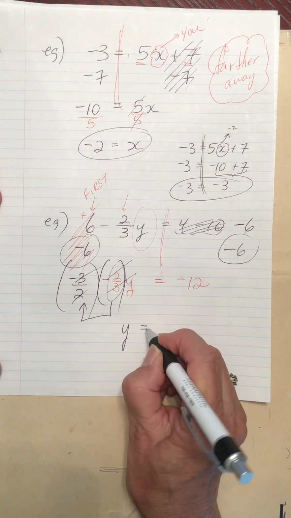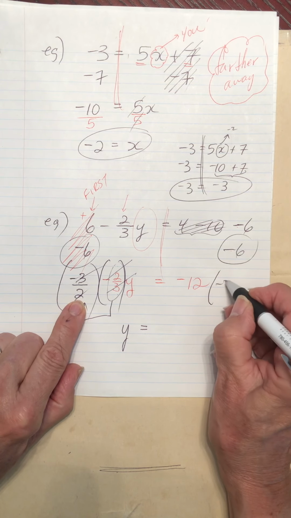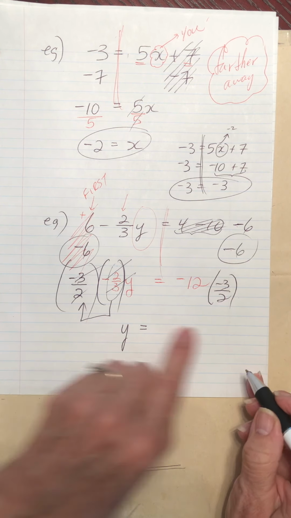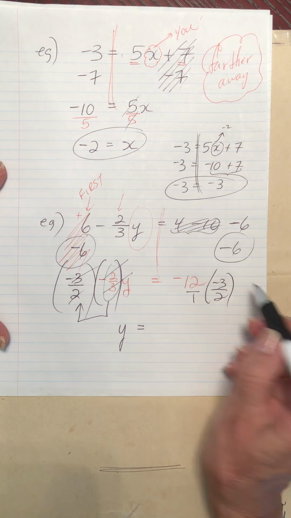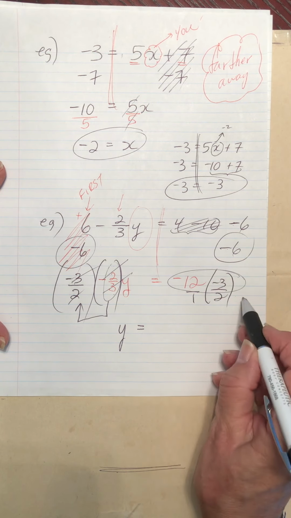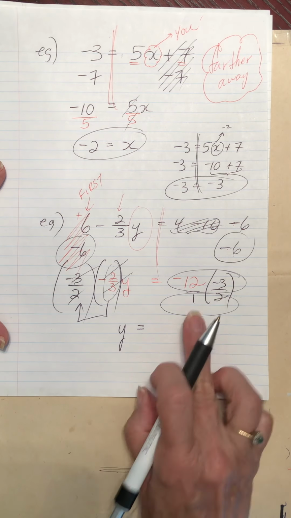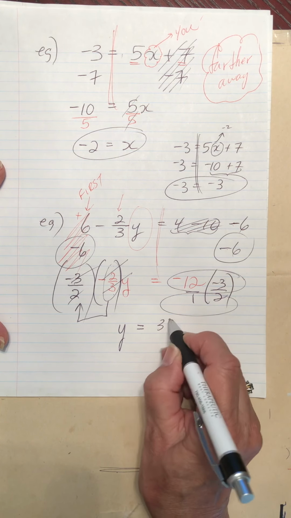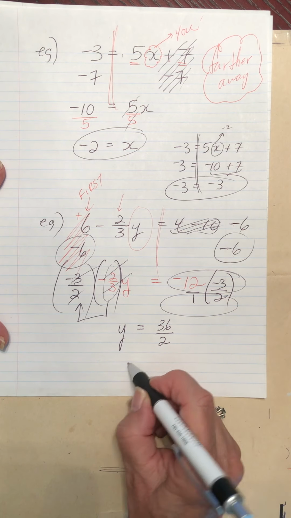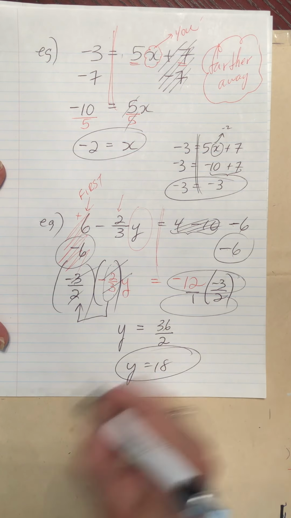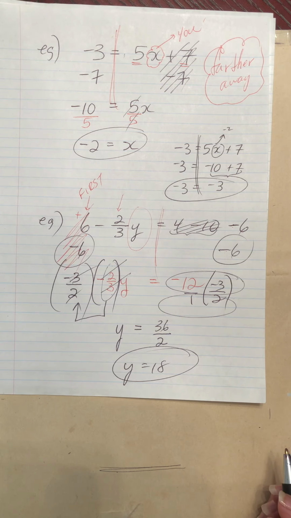I now have y equals. But if I did that to this side, I have to do a negative 3/2 to this side. This is just timesing fractions. I'll times the tops, times the bottoms, and reduce. Negative 12 times 3 is 36. 1 times 2 is 2. This says 36 divided by 2. So my solution is 18. And I could go ahead and check that.